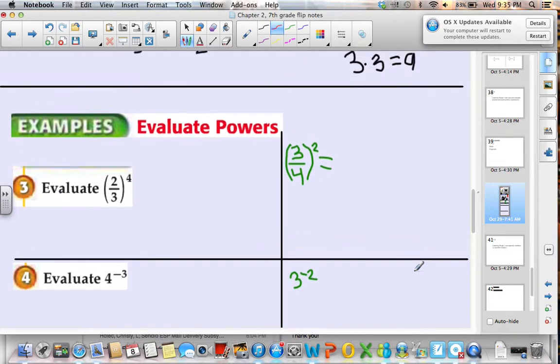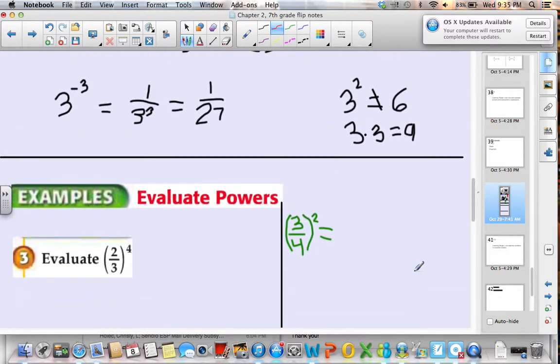Okay, so what if we have a fraction that has an exponent? Well, 2/3 to the 4th is the same as 2 to the 4th over 3 to the 4th.